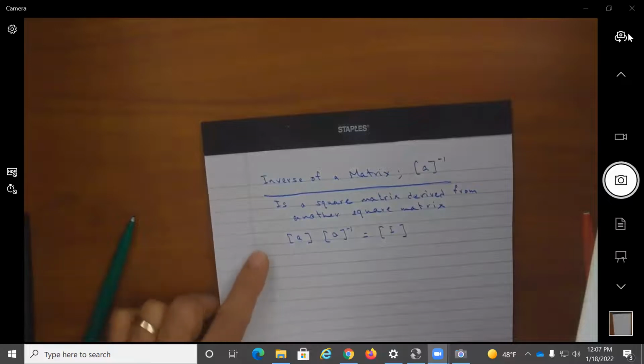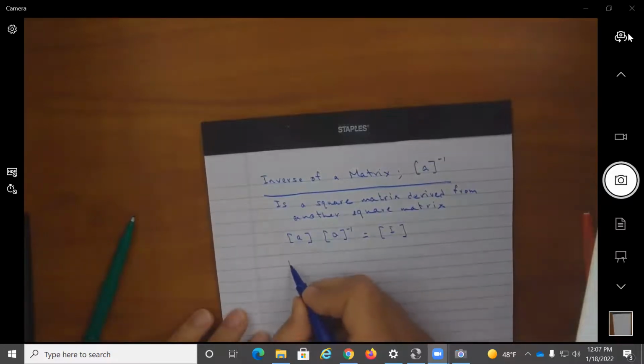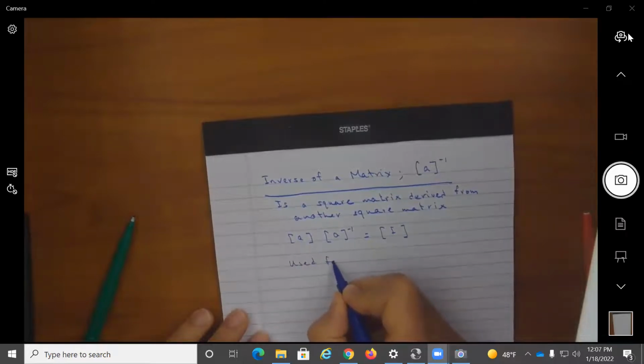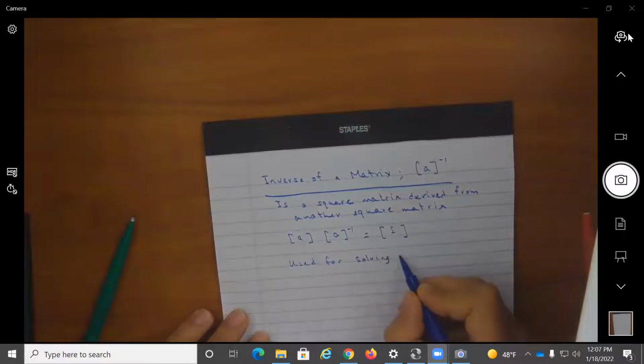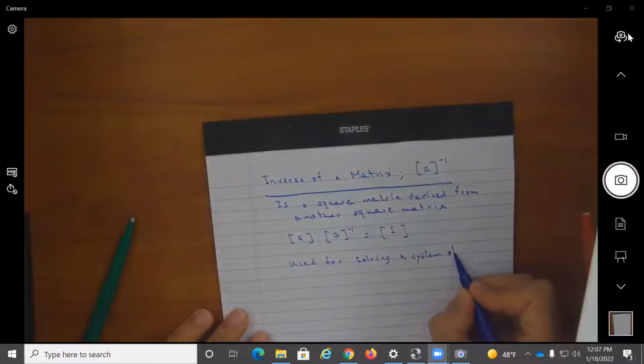Now, I mentioned this is an important one because we can use that for solving a system of algebraic equations.